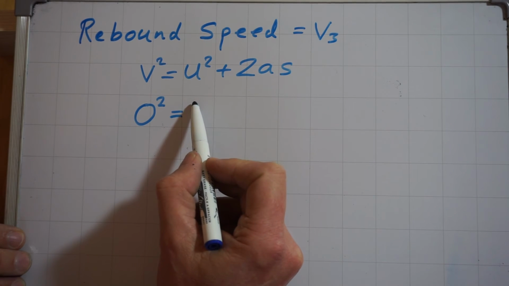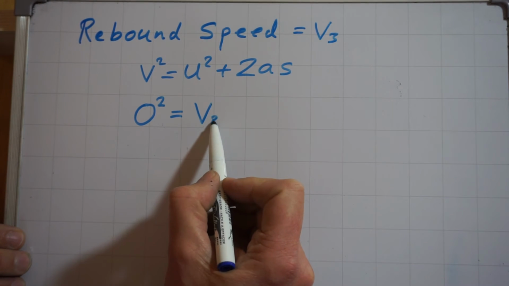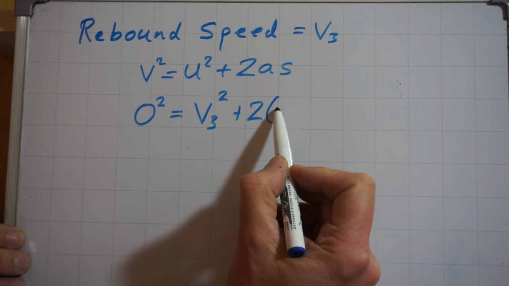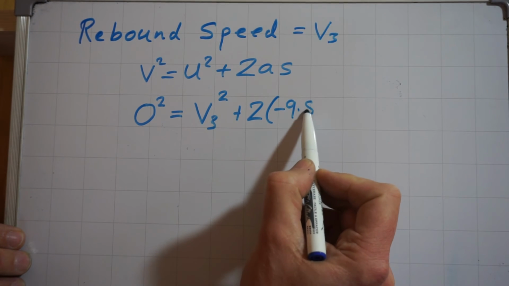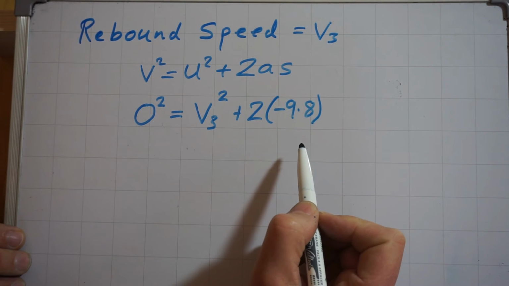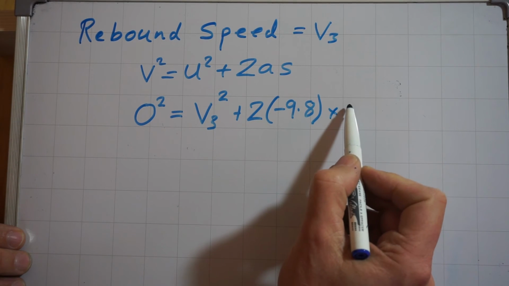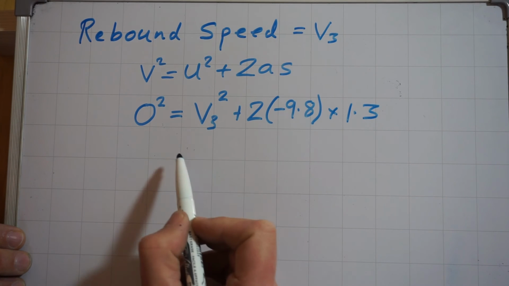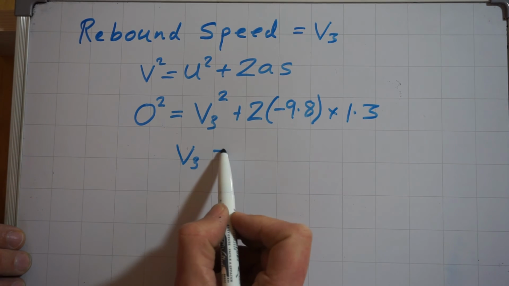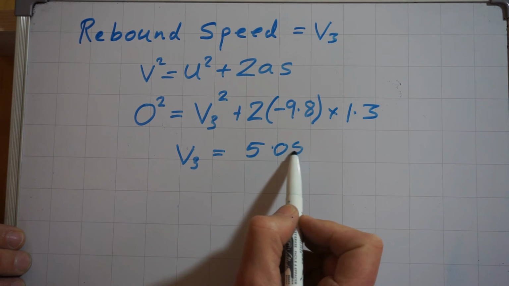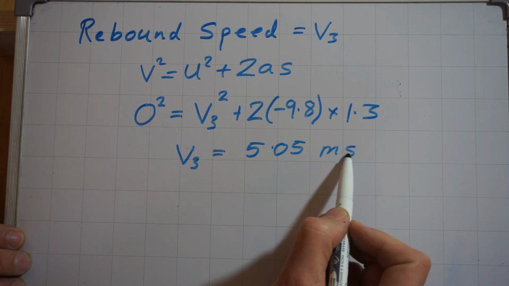U will be the rebound speed at the table, which is V3, so 0 equals V3 squared plus 2 times, and again minus 9.8 because the acceleration and the displacement are in opposite directions, times the height, which we know is 1.3. This gives us V3 equal to 5.05 meters per second.